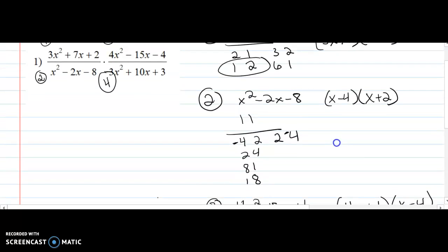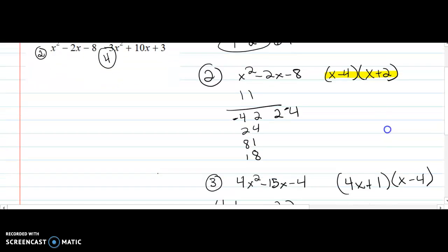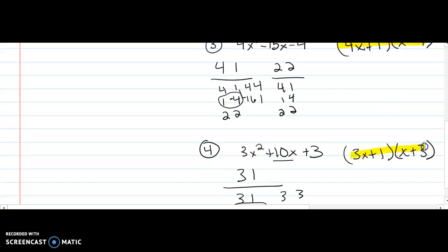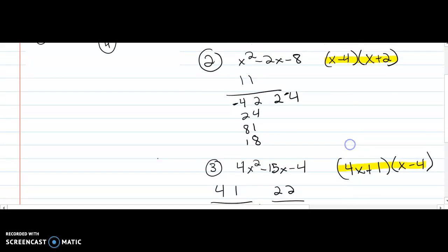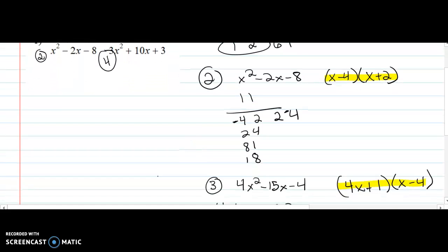Okay, so we went through, we factored everything. We got this one here, this one here, this one here, now this one here. So now we go back to the original after we factored and rewrite it in its factored form.